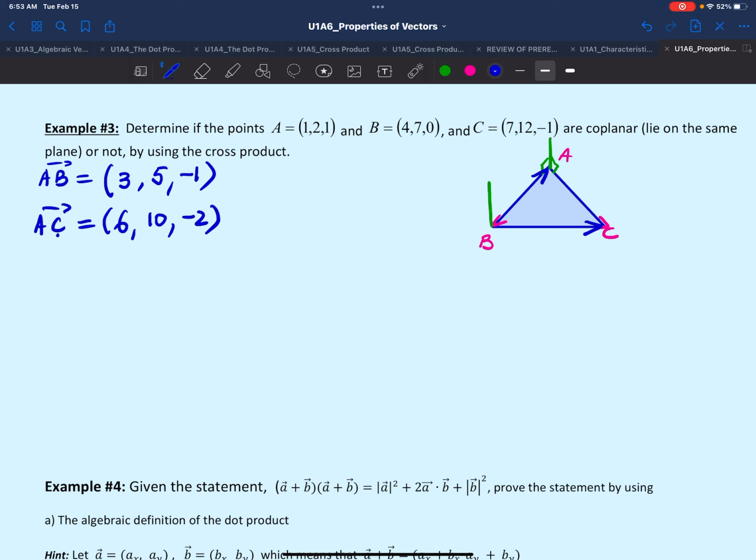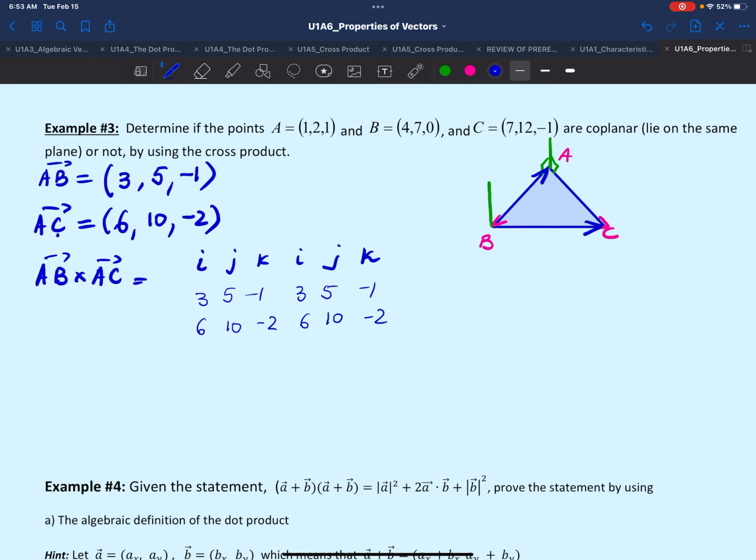So we'll cross product AB and AC. So start off with IJK. List the coordinates. So 3, 5, negative 1. The coordinates of vector AC, 6, 10, negative 2. Remember, it's very easy to mix up the numbers here.